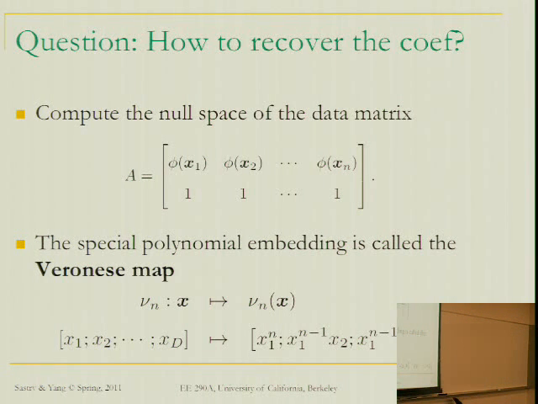In capital D dimensional space, you have x1, x2, up to xD. In order to figure out how many terms you have after an nth degree Veronese embedding, you need to figure out d1, d2, up to dD, such that each di has to be larger than or equal to 0, and the summation of di is equal to n. How many such terms satisfy this constraint?